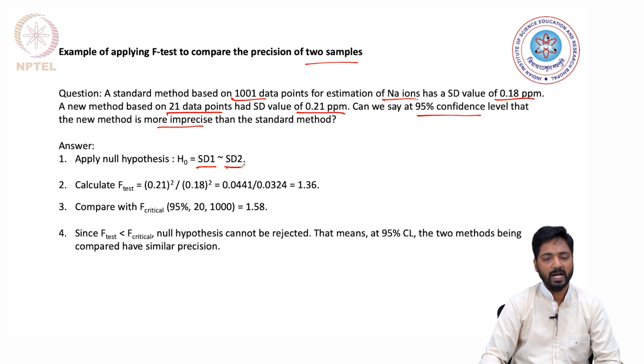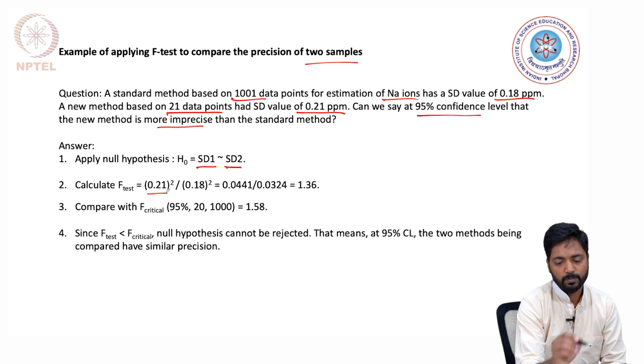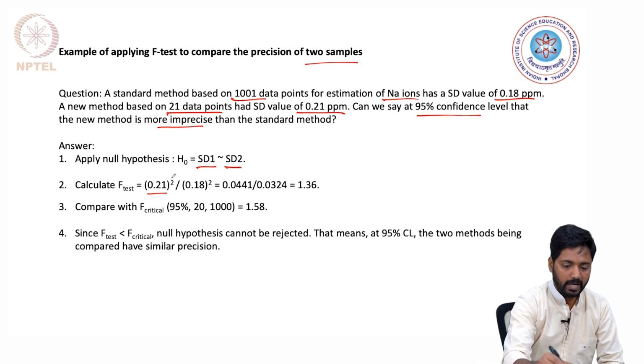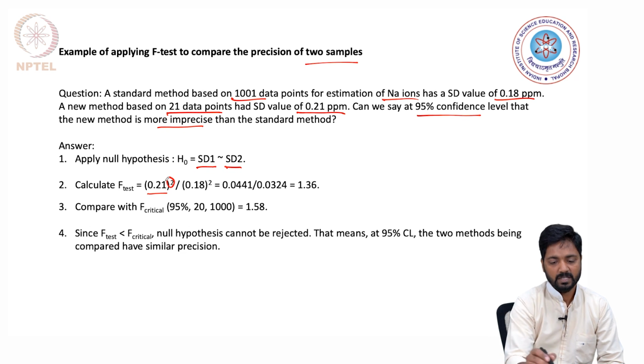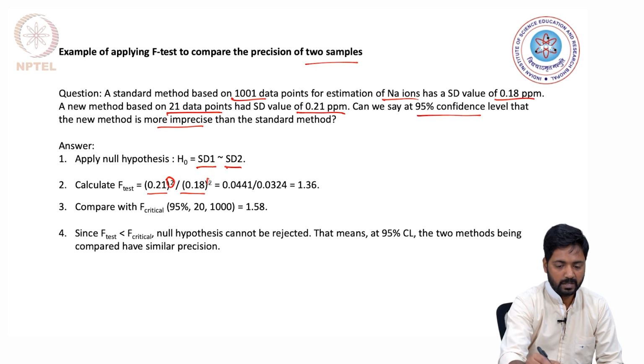Now we calculate the F test value here. So again I want you to note that we have put the larger standard deviation value of 0.21 on the numerator, and that is squared. Similarly, the smaller standard deviation value of the reference method of 0.18 is put in the denominator, and it is again squared.